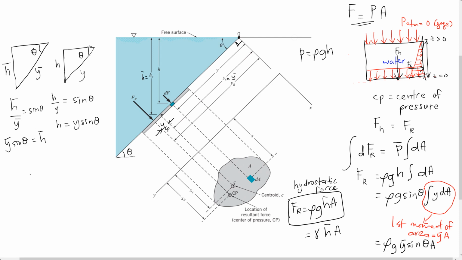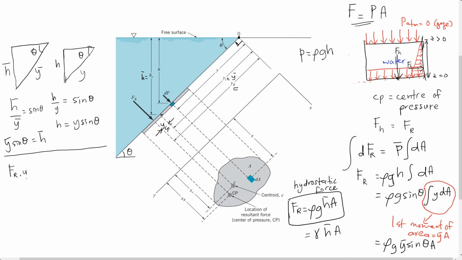We take the moment about the point O. So if I want to find Fr, Fr we times with the distance. If you take moment about point O, force times this distance, which is taken from point O to the force. Okay, so that is yr, this one yr.